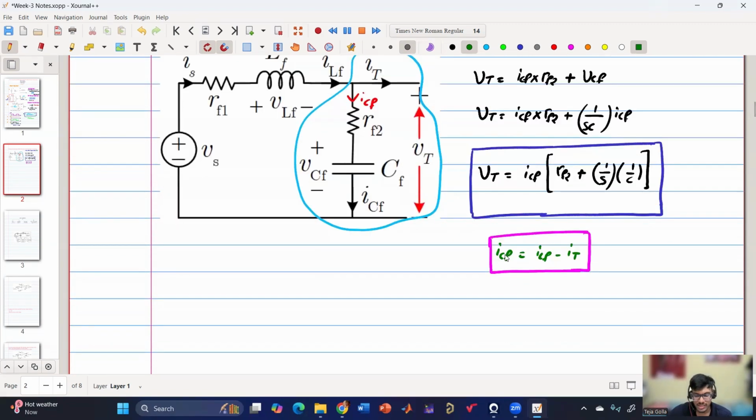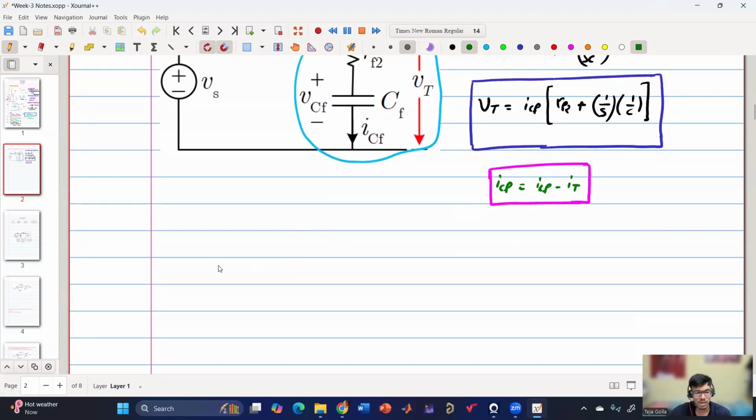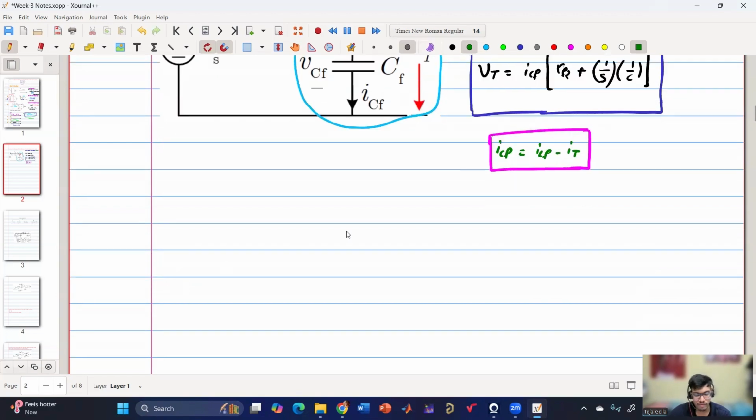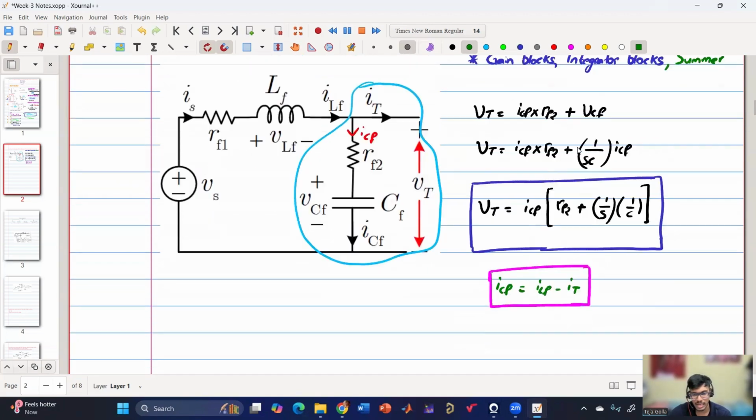Whenever we implement in MATLAB, we can start from the left side, with the input on the left and the output on the right, or the other way around. But usually it is good to draw from the left-hand side. So on the left-hand side we have the input, which is ILF.